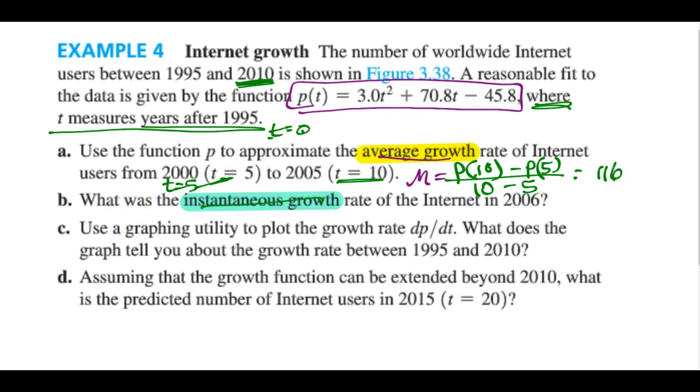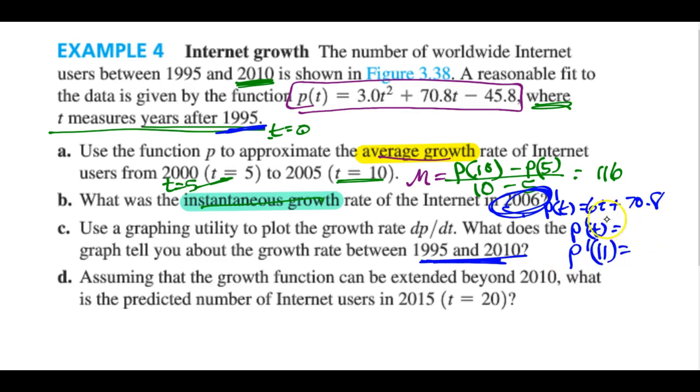Where they talk about instantaneous rate of growth, then I'm looking for the derivative. And the derivative is t plus 70.8. And then I could evaluate that at any point. Well, 2006 minus 1995 means evaluate this after 11 years.